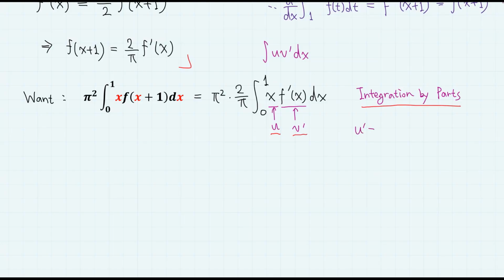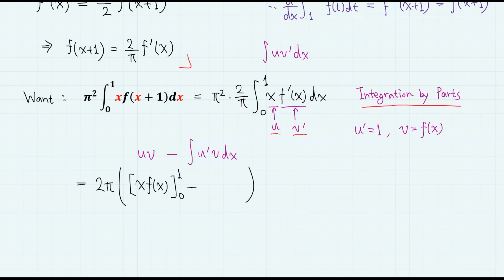Then we have u prime equals 1 and v equals just f of x. So now we have the constant part 2 pi times uv part is x times f of x minus integral u prime v is just f of x. So integral of f of x from 0 to 1.